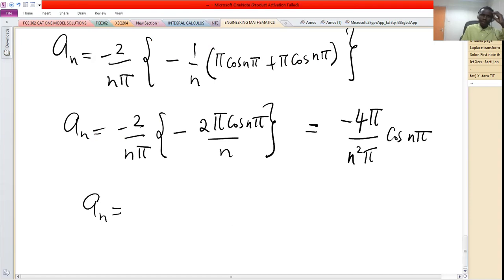So this an is minus 4 over n squared and then cosine of n pi.